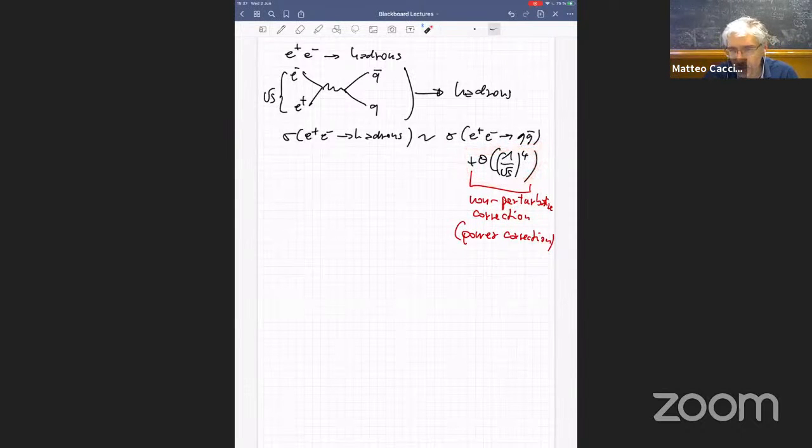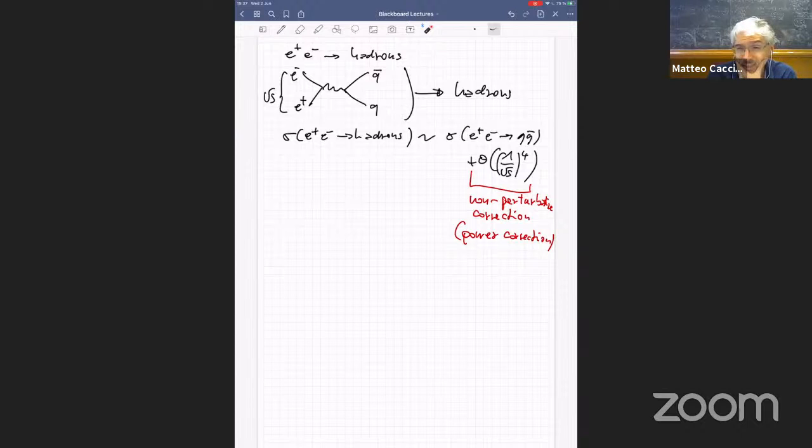And then you can also get some insight on the parametric behavior of this other piece. This is how you can get this power to the fourth behavior. Has this correction been tested?